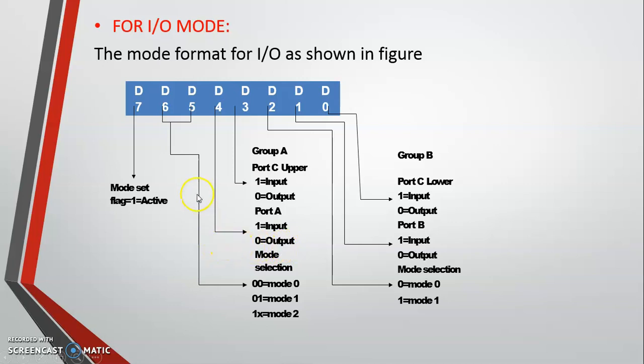And D5 and D6 together give the information regarding the mode selection. When both are 0, 0, then mode 0. When it is 0 and 1, then mode 1. And when it is 1, 0 or 1, 1, then mode 2. So in this way, we have the input-output mode format of 8255.